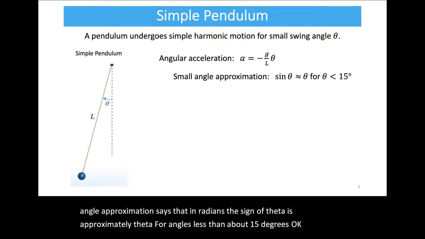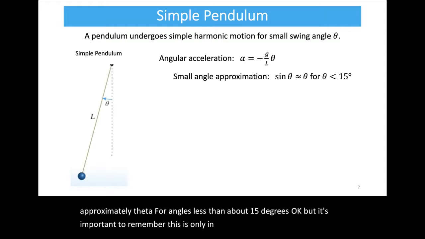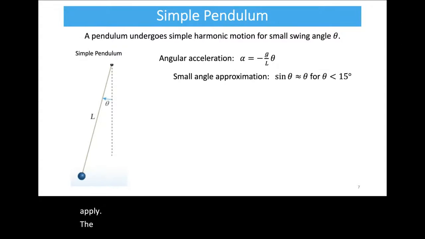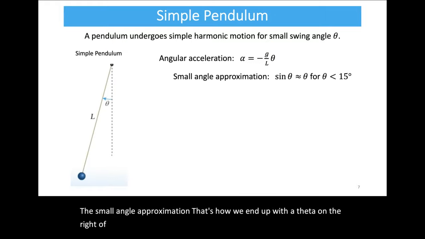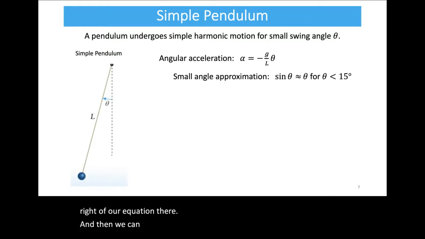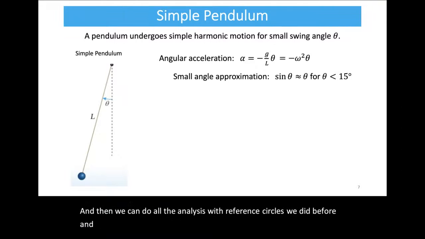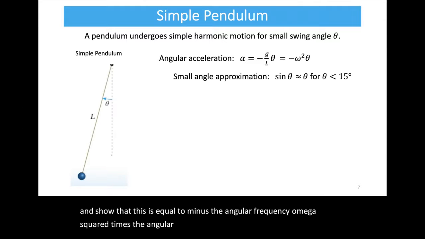But it's important to remember this only works in radians. If we apply the small angle approximation, that's how we end up with a theta on the right of our equation. Then we can do all the analysis with reference circles we did before and show that this is equal to minus the angular frequency omega squared times the angular displacement theta.